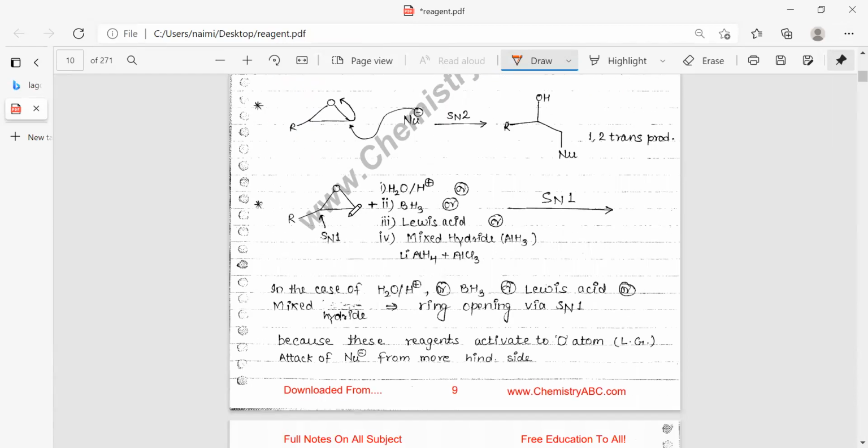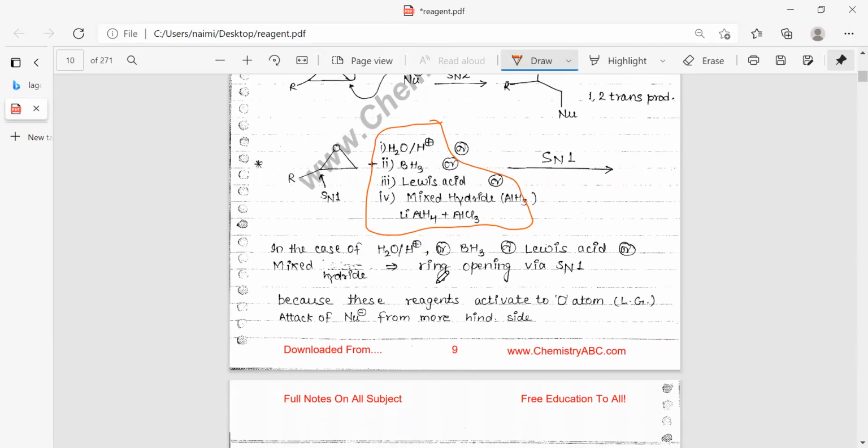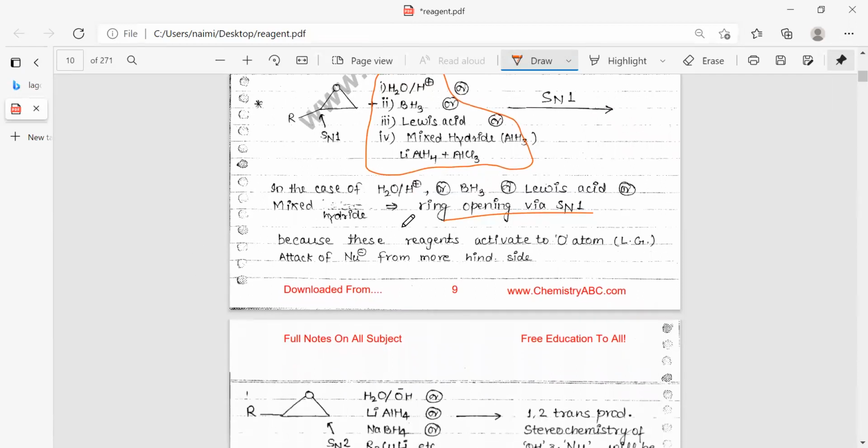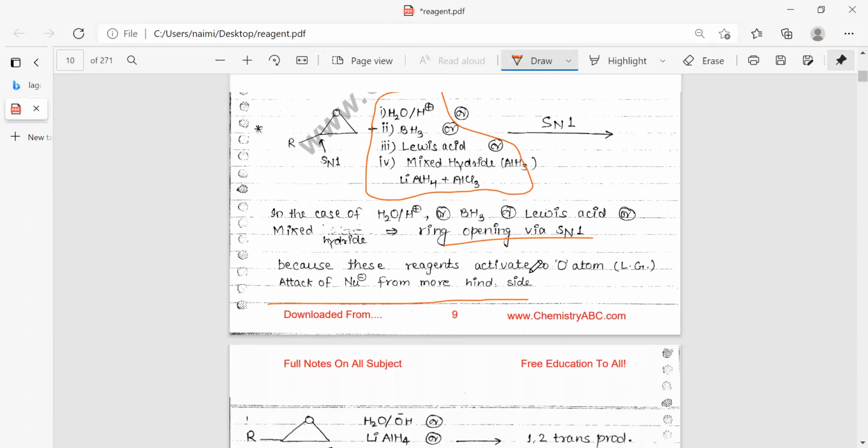And these types of reagents are the electrophiles. I have discussed the electrophiles and nucleophiles. You can see this is the SN1 type, so it goes to SN1. In the case of H+ and Lewis acid reagents, mixed, the ring opening is by SN1, because these reagents activate the oxygen atom, attacking a nucleophile from the more hindered side.